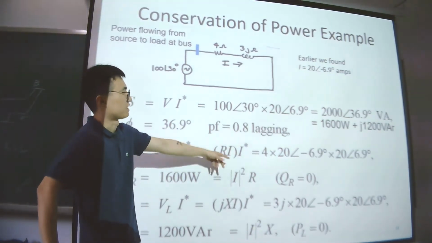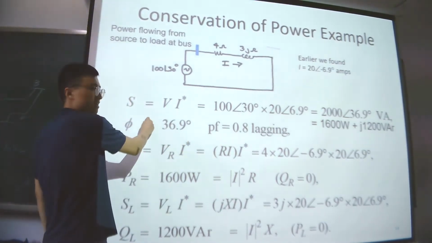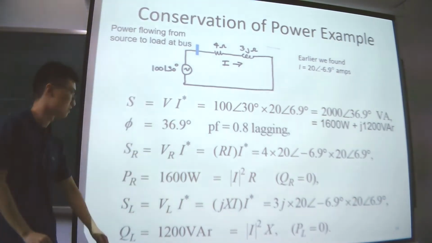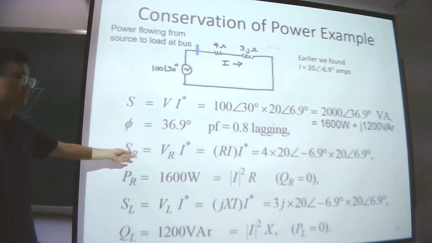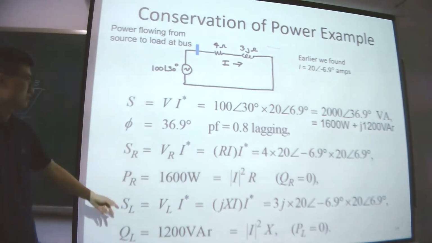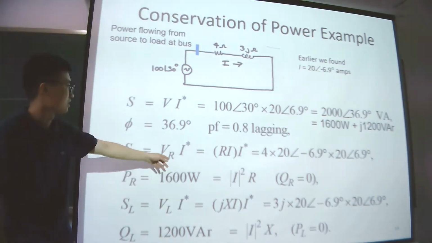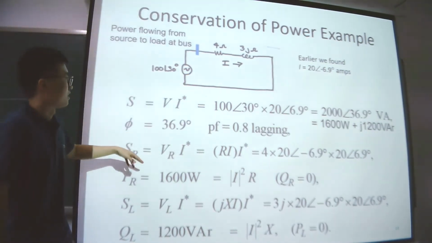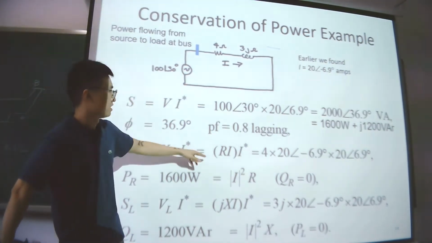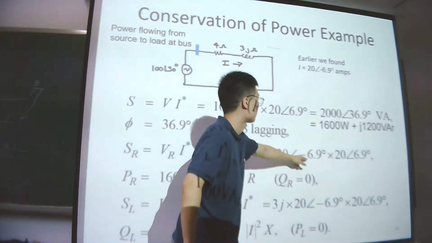We can also calculate the power factor: the cosine, cos inverse of this. So the complex power of the resistors, right? This is the part, because the resistor is 4 ohm, and the current is here.